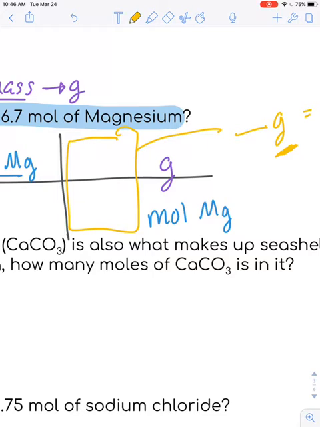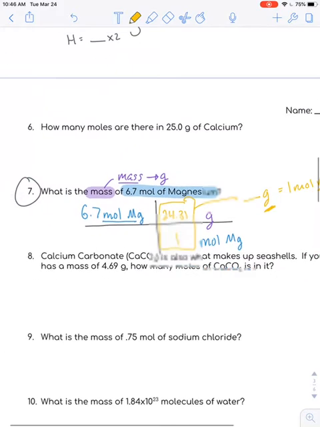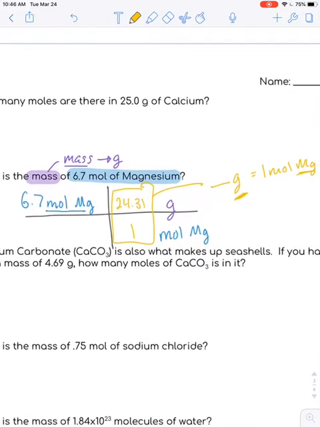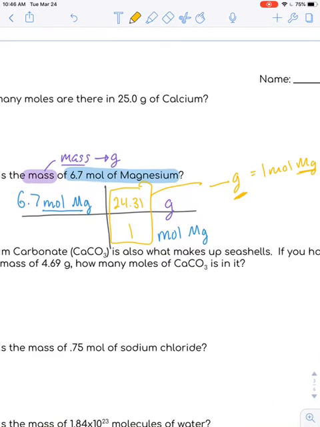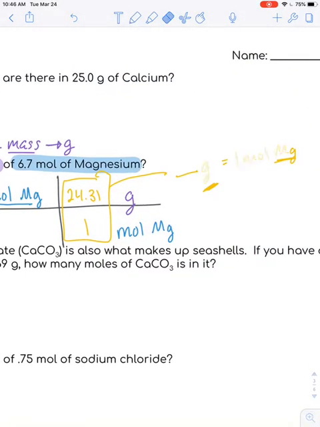Since grams are on top, we're going to put our 24.31 on top and our 1 mole on bottom. So for this example, we're going to take our number of moles, which is 6.7. So 6.7 moles, and we're going to times that by our 24.31 grams.